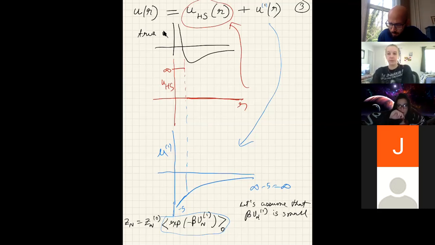Why is this a good assumption? In this part over here, it is small by construction, right? Because we have to think whether it is small relative to the reference potential. And here the reference potential has already blown up. So it is mostly small compared to that. So it's not a bad assumption. In this region, it starts to become smaller and smaller and smaller. So as the distance increases, it becomes a better and better approximation.